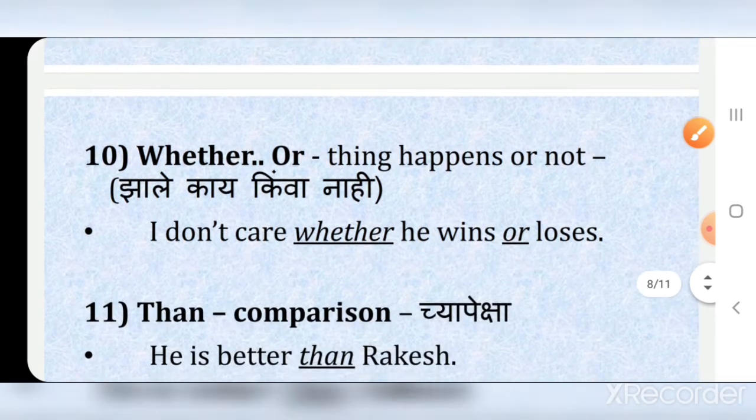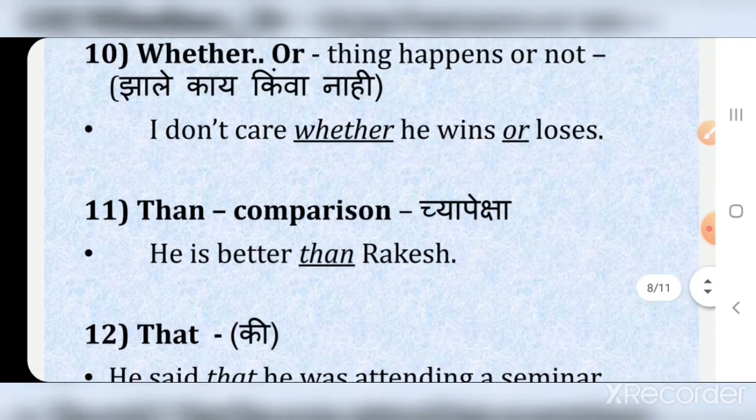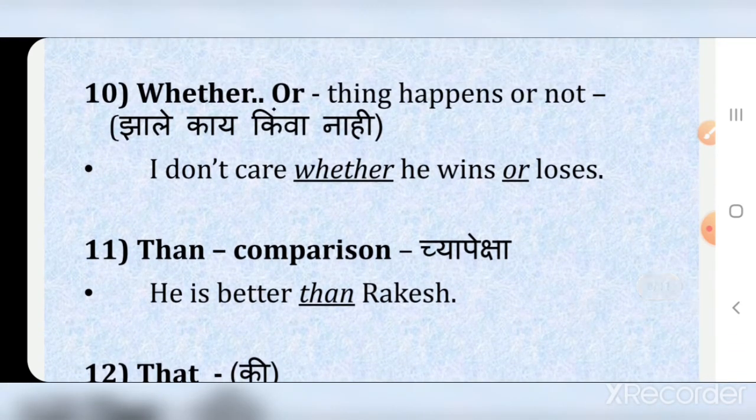Now, next one is whether or. That means thing happens or not. ओके, इन मराठीमध्ये अमुक एखादी गोष्ट झाली काय किंवा नाही झाली काय. ओके, दॅट टाइम वी यूज वेदर ऑर. I don't care whether he wins or loses.